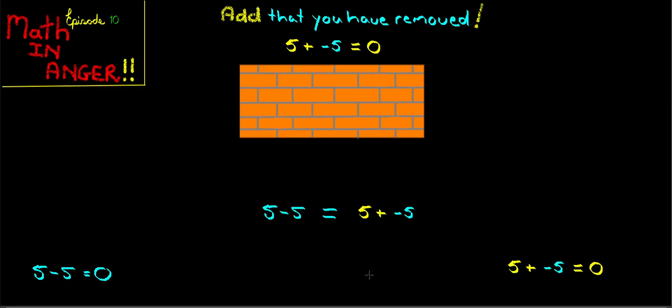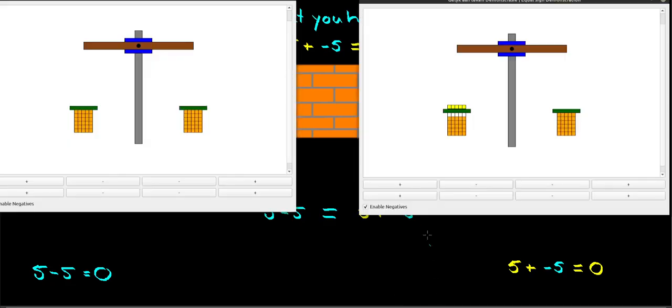Okay? Are you beginning to understand why it is important to understand the equal sign correctly? Look at that. Just because both of these things are in balance with 0 doesn't mean they are the same thing.